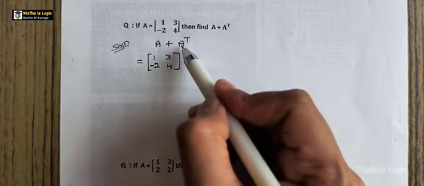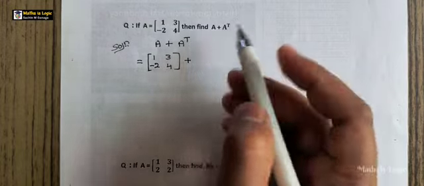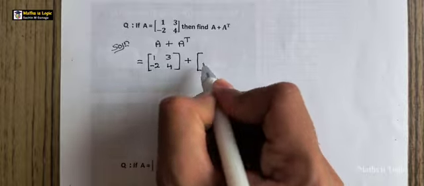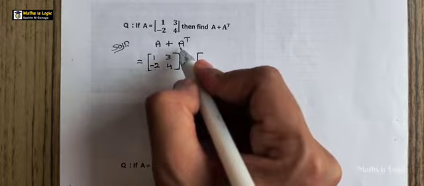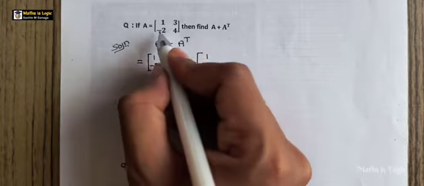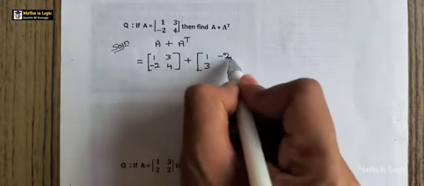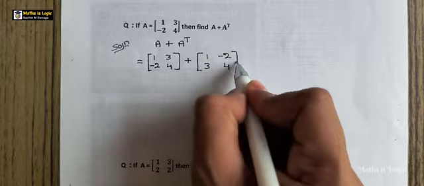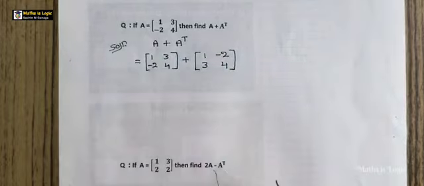Next take the transpose of A, which means first row write it as the first column, second row write it as the second column. So this is the transpose of A.